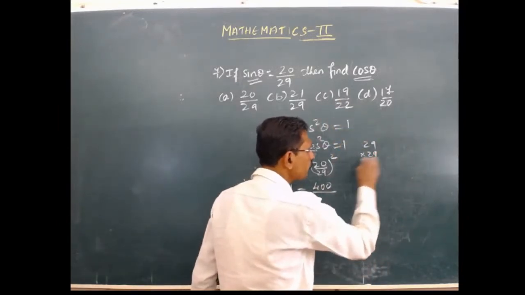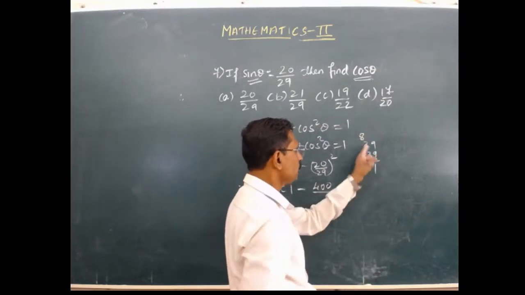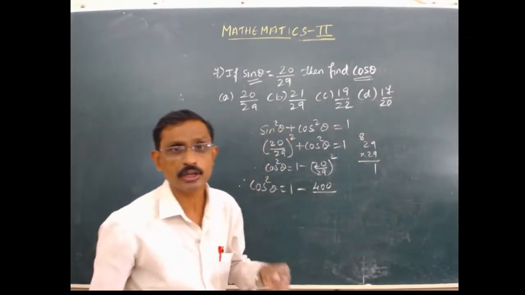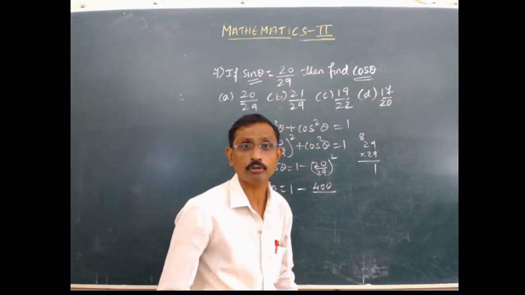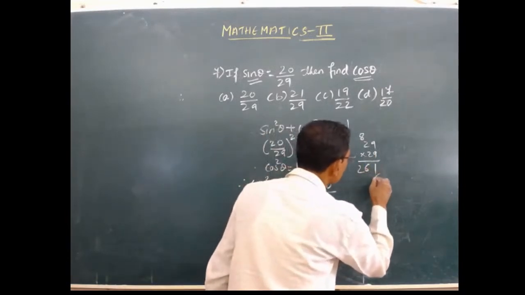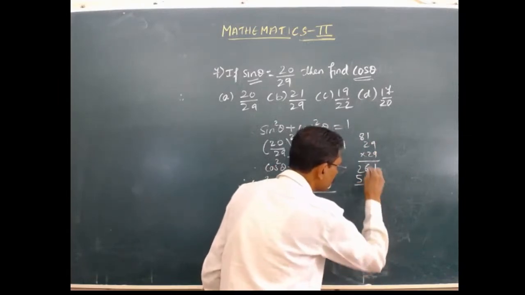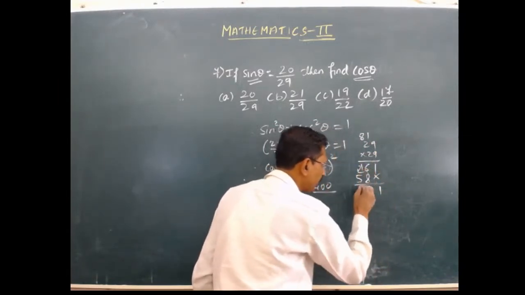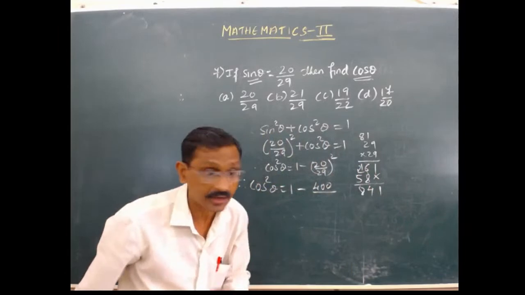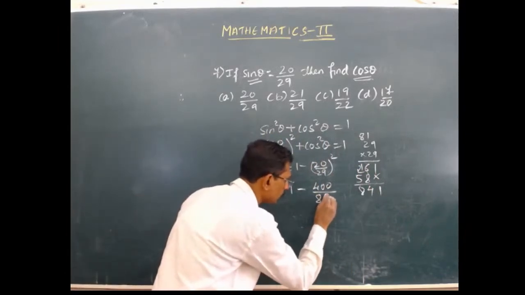There are also tricks to find it. 9 nines are 81, 9 twos are 18, plus 8 is 26. We get 841.